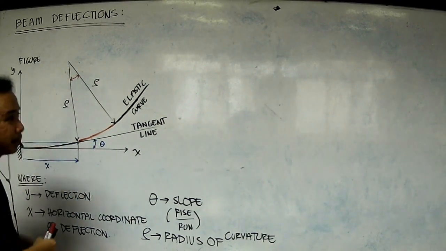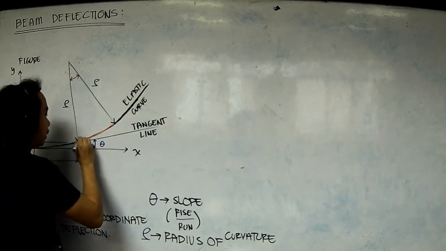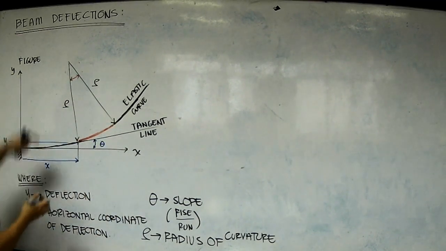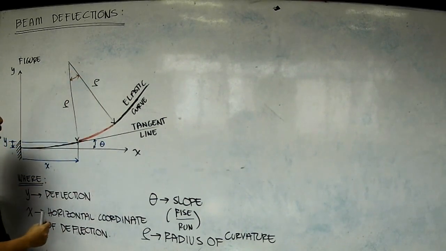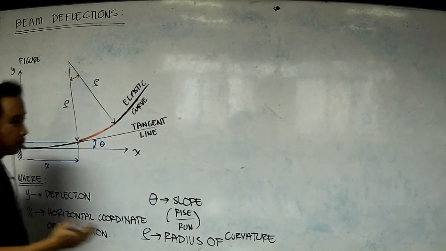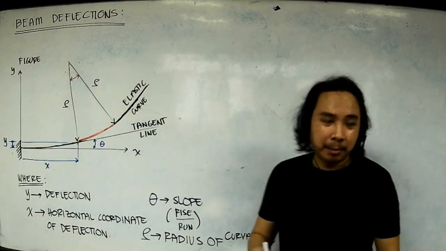But let's try to examine this on an infinitesimally small level. Okay? So, this can be reduced into a strip. And when we talk about a curve, curvature, we can quantify curves as parts of a circle.